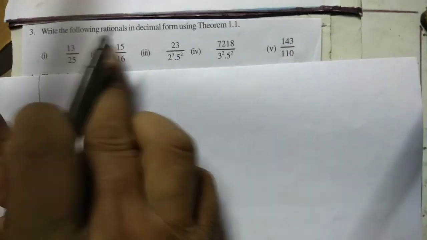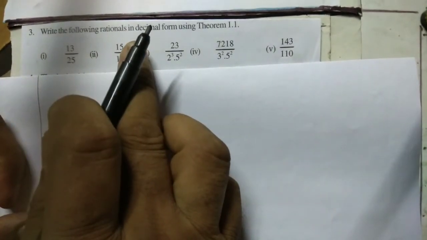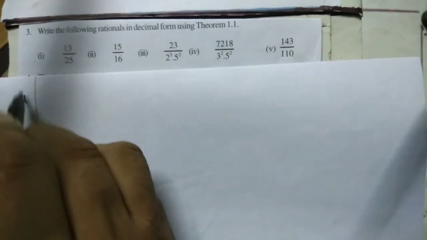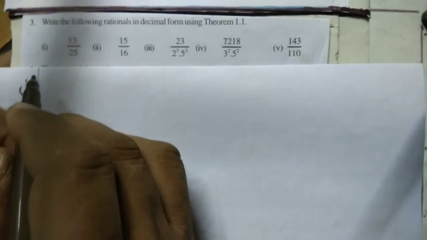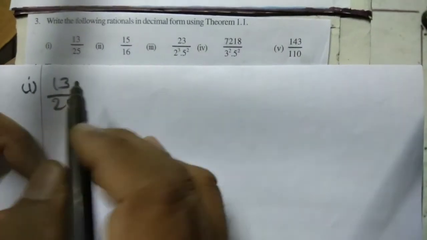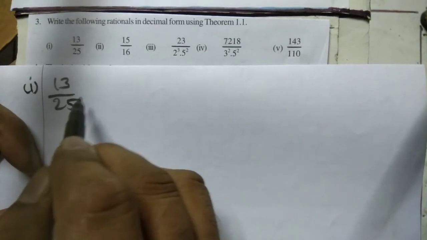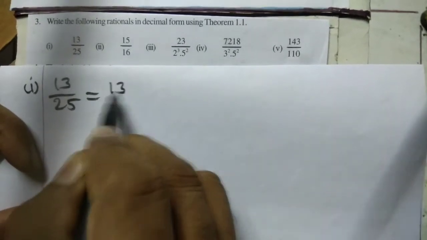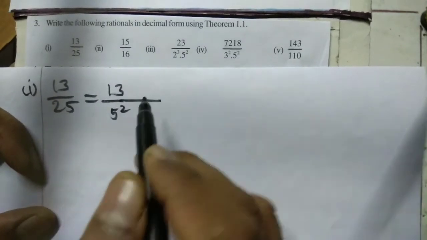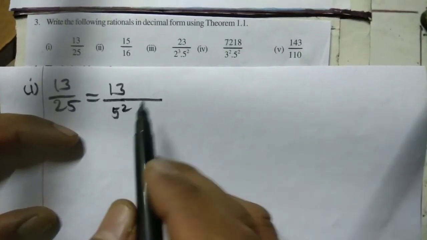Third bit, write the following rationals in decimal form using theorem 1.1. First problem, 13 by 25. We can write 25 as 5 square.